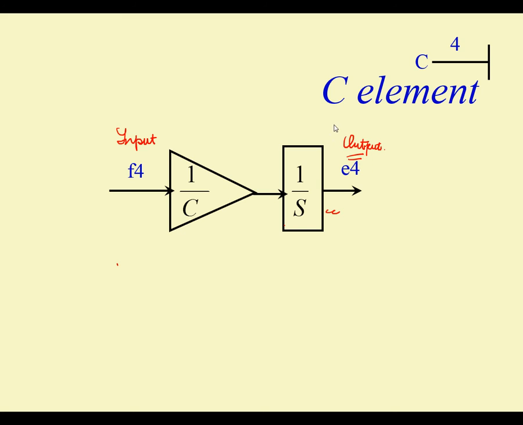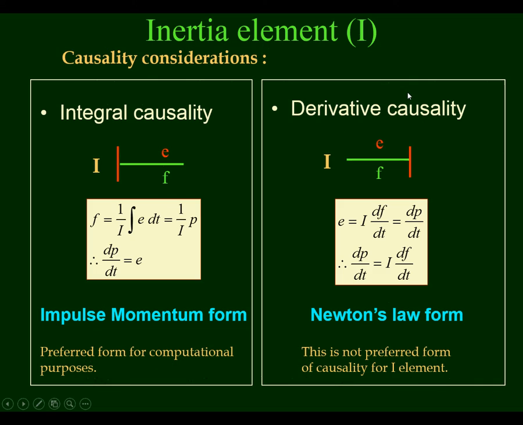So it's 1 over C times the integral of I dt, which is 1 over S. And then obtain E sub 4. So that's the C element.